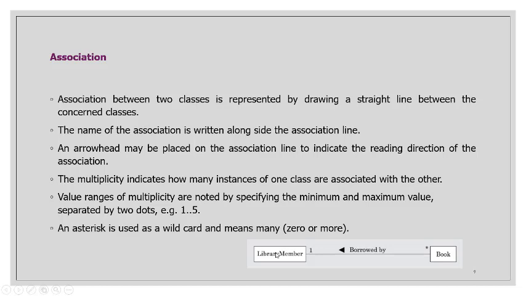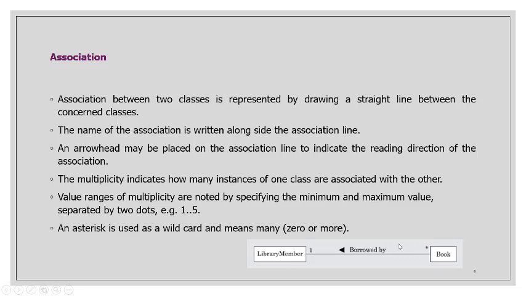On each side of the association relation, the multiplicity is noted as an individual number or as a value range. The multiplicity indicates how many instances of a class are associated with another. This multiplicity means how many members of this class are associated with how many members.